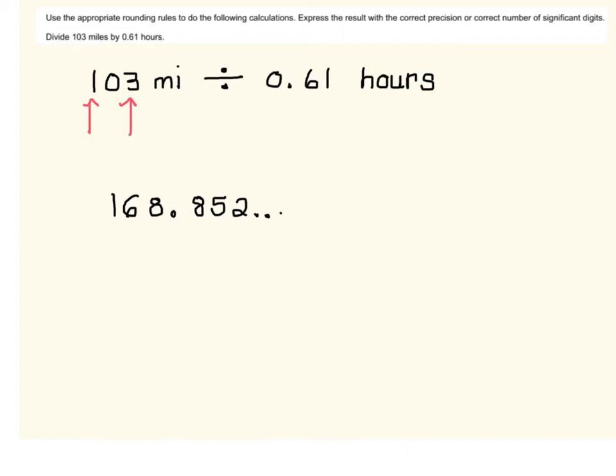And then the second value also had 2 significant digits, a 6 and a 1. So between these two, we take the value that has the least number of significant digits. In this case, they have the same, and that's 2 significant digits. So starting from the left on our result, we're going to take 2 significant digits, which are a 1 and a 6.